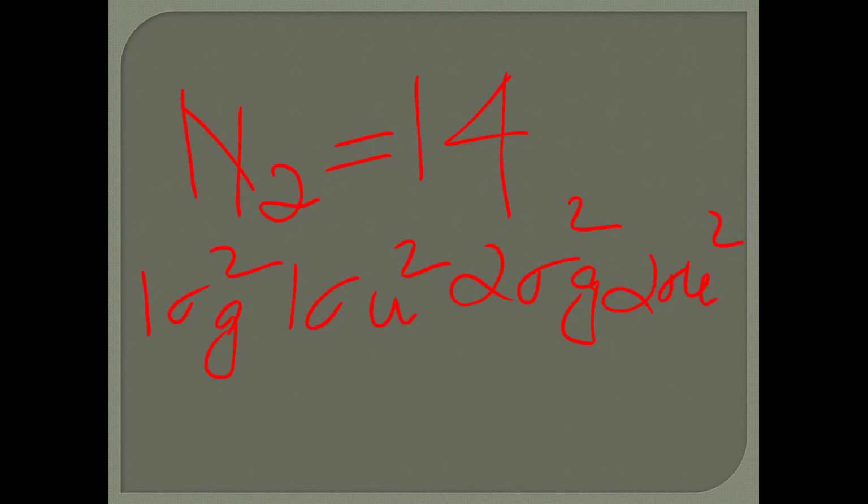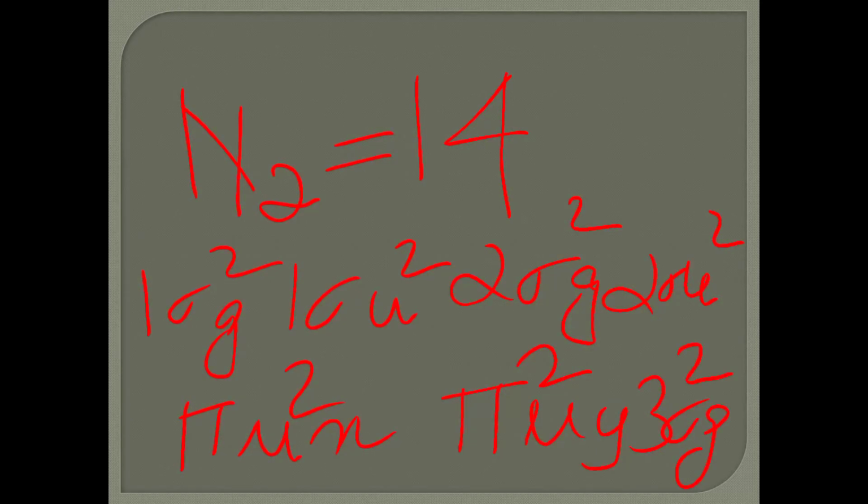Since it is 14, follow the older technique, that is pi u x and pi u y will be first. Now we have filled 8 electrons, so how many more do we have to fill? 6 more, right? 2 will come here, 2 will come here, and then comes your 3 sigma g, which is squared.